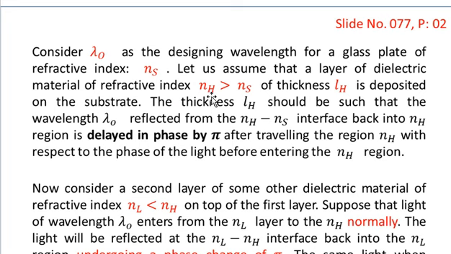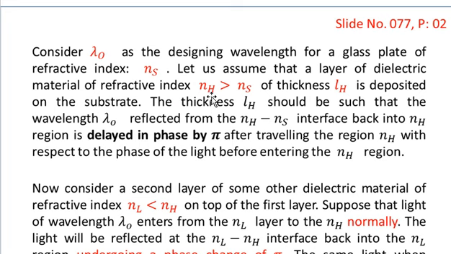Lambda naught is the designing wavelength, and when it enters the material NH, we have to label this designing wavelength with NH also. And now we are multiplying it on the right hand side by 2 times LH.